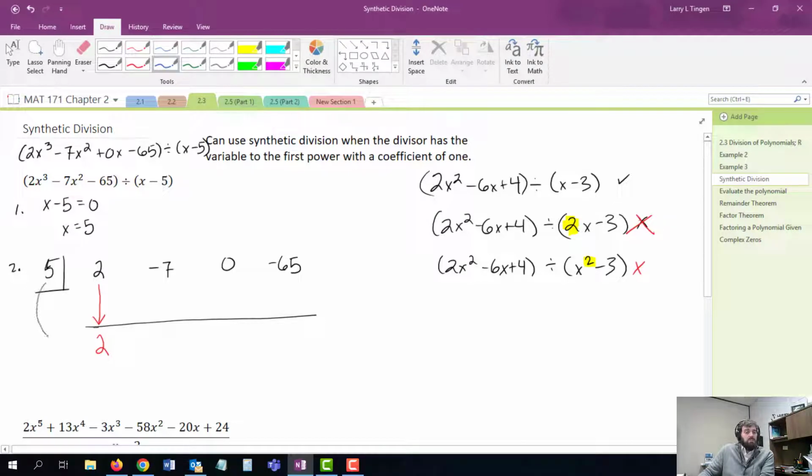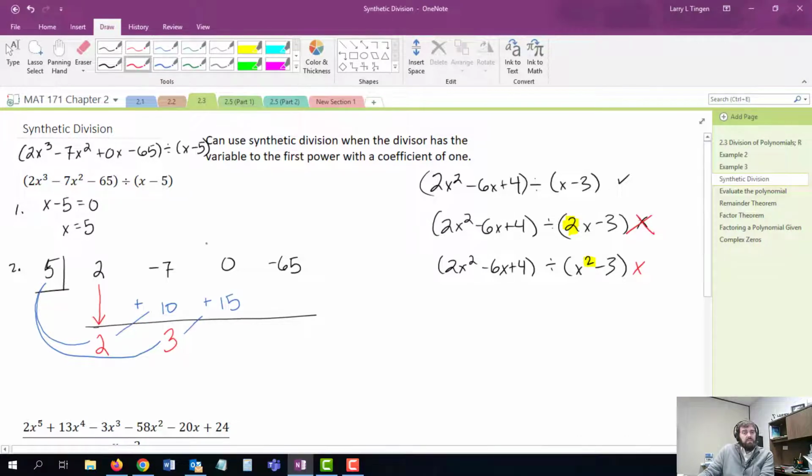I'm going to multiply it by whatever the rightmost number is in my quotient down here, which is a 2. And I'm going to get that 5 times 2 is 10. And always, always, always, when I'm dealing with synthetic division, I add. So negative 7 plus 10 is 3. 5 times 3 is 15.